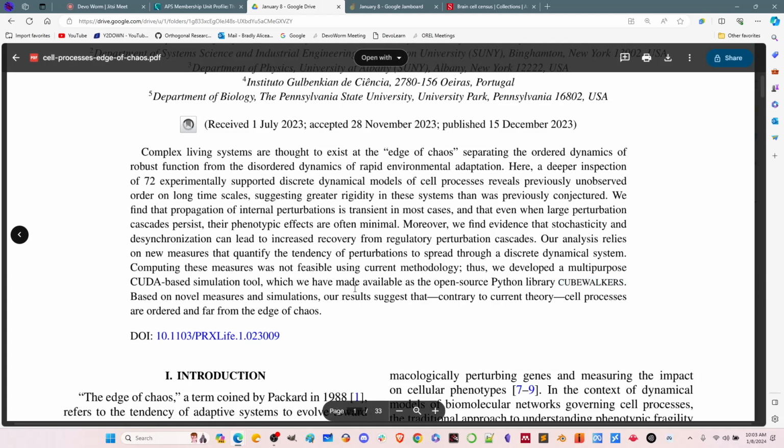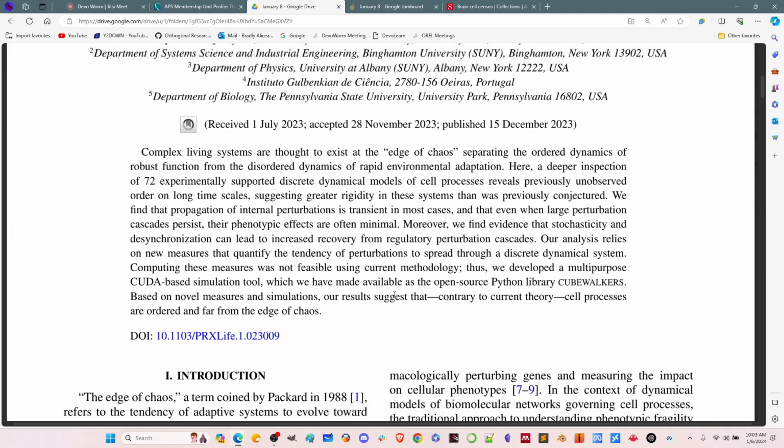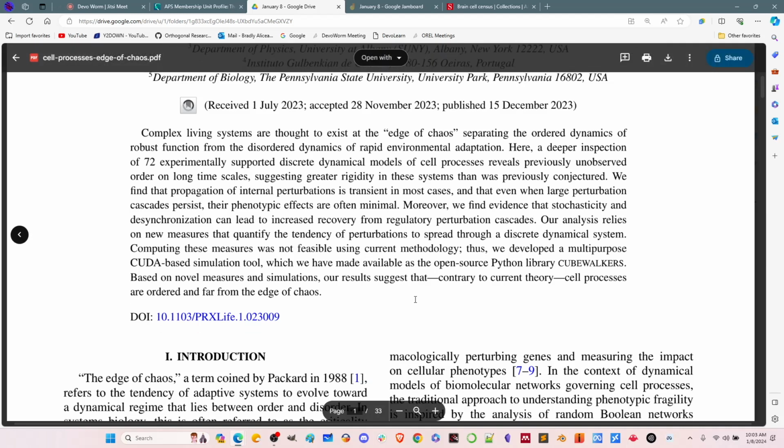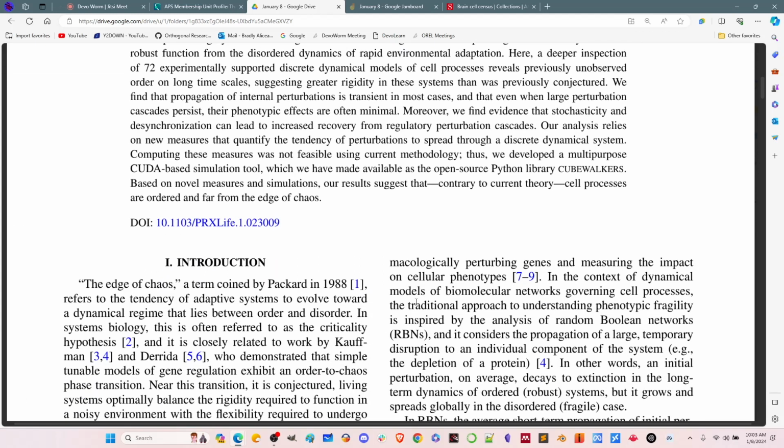Based on novel measures and simulations, our results suggest that, contrary to current theory, cell processes are ordered and far from the edge of chaos. So they're actually making a different argument here from what most people are making, and this edge of chaos argument, I think, has been a kind of qualitative judgment about cells and other types of processes: that they're at the edge of chaos because they look like they're very dynamic, but we don't know.